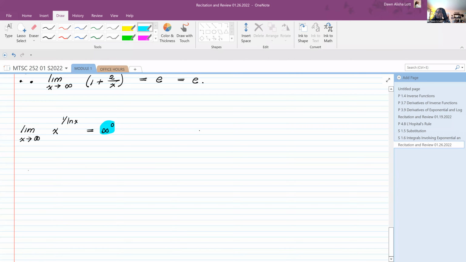So take the natural log of it. So I get the natural log of x to the 1 over natural log of x. This one's a nice one. This is easy, actually. And then by the power rule for the log of something to the r, bring that down. So this becomes 1 over the natural log of x times the natural log of x.